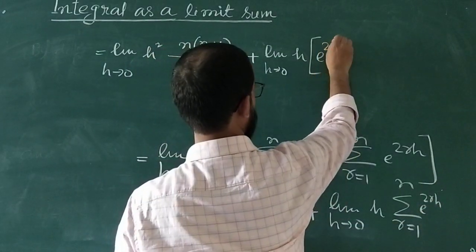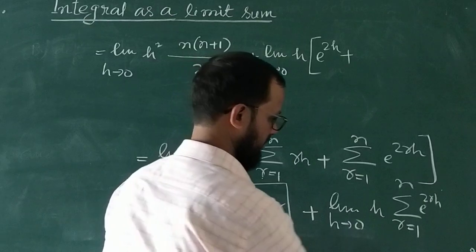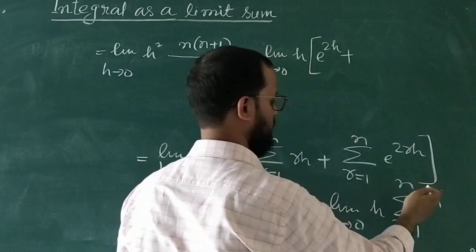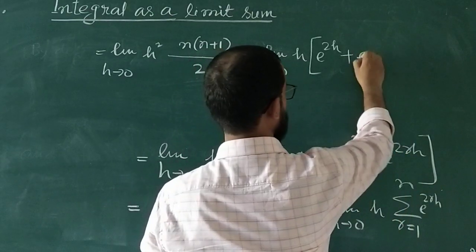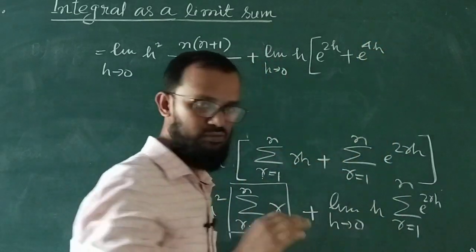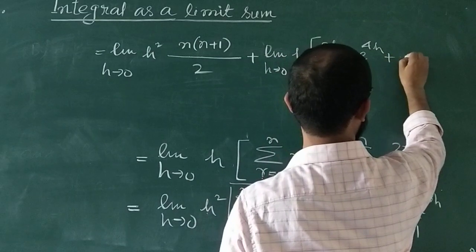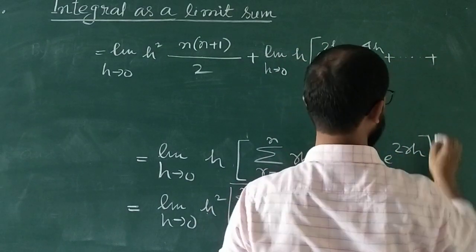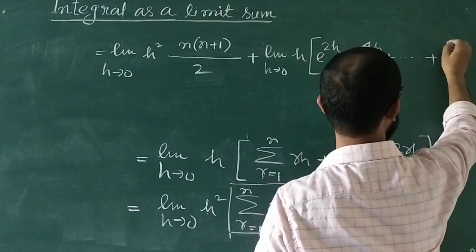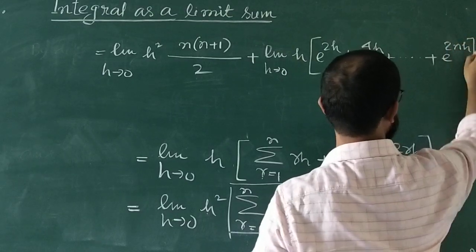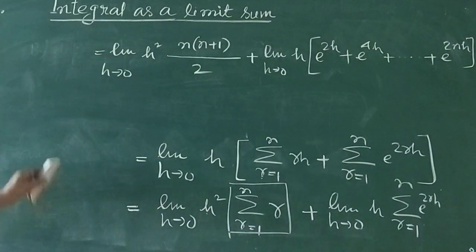First term is e to the power 2h. Then you put r equal to 2, e to the power 2 into 2 into h, means e to the power 4h, and then e to the power 6h, then e to the power 8h, and so on. Then finally what happened? Final result e to the power 2nh. Okay, understood?